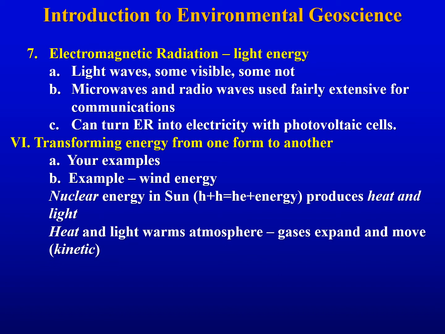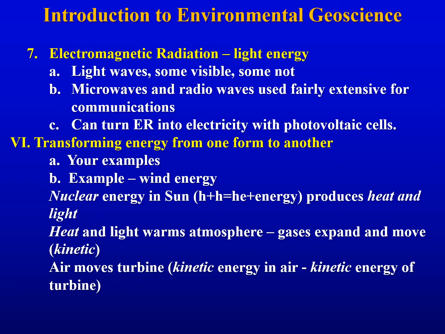So the gases in our atmosphere heat up, vibrate faster, expand. That lowers the density. Bottom line is, air starts moving when it gets heated up. That's kinetic energy. So we took nuclear energy, turned it into heat energy, turned it into kinetic energy. So now we have kinetic energy moving air.